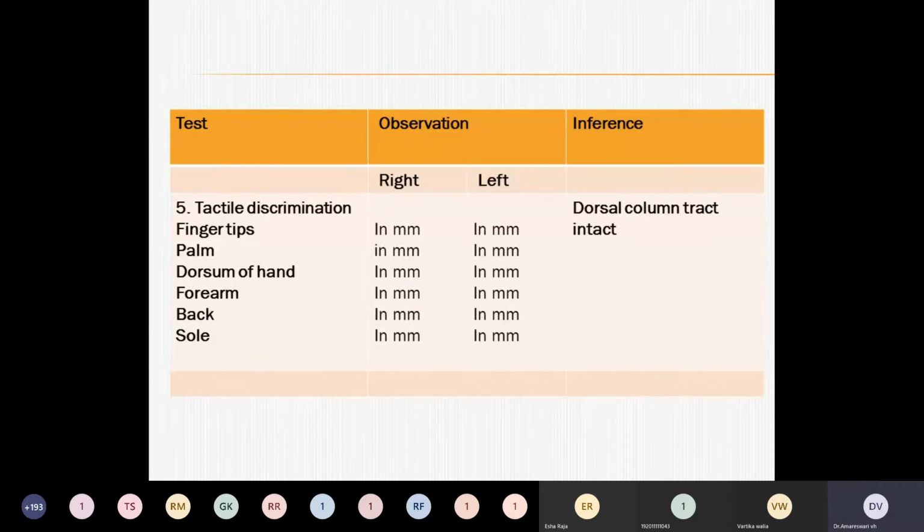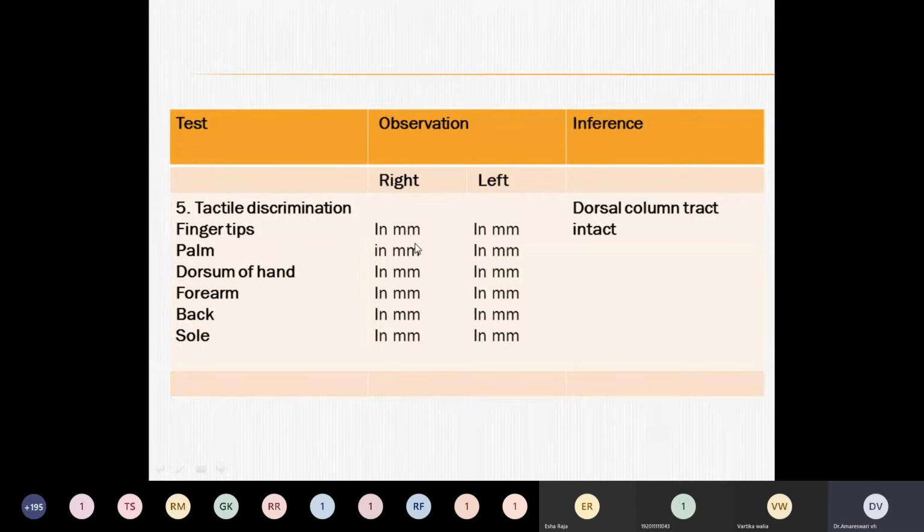Now the test is tactile discrimination. Under tactile discrimination, write down the side headings: fingertips, arm, dorsum of hand, forearm, back, and foot. I have written the observation in millimeters.